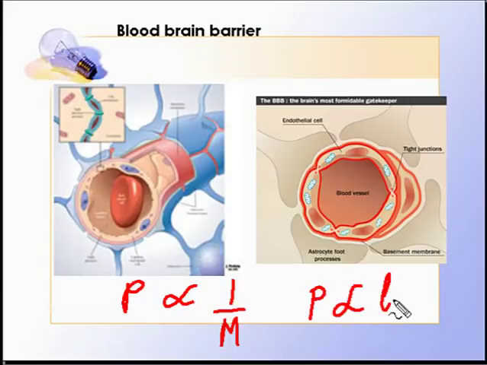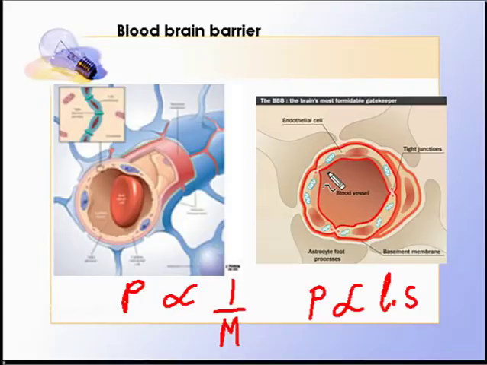So substances which are lipid soluble are permeable, and substances which are not are not permeable. Substances like ethanol and caffeine, which are lipid soluble, pass very easily into the brain, and probably that's the reason why they affect nervous functioning so easily. Large molecules like plasma proteins are not able to cross the barrier effectively, whereas small molecules like glucose and electrolytes pass through slowly, but even smaller molecules like gases and water pass through readily.